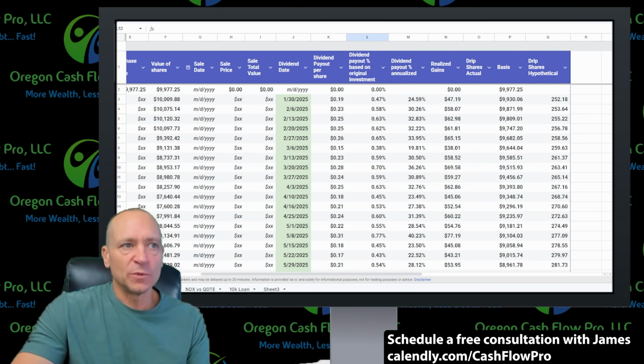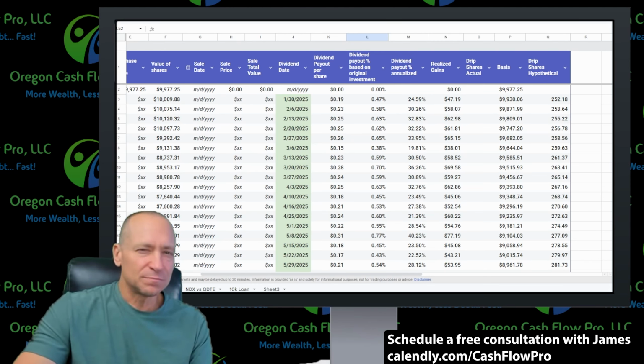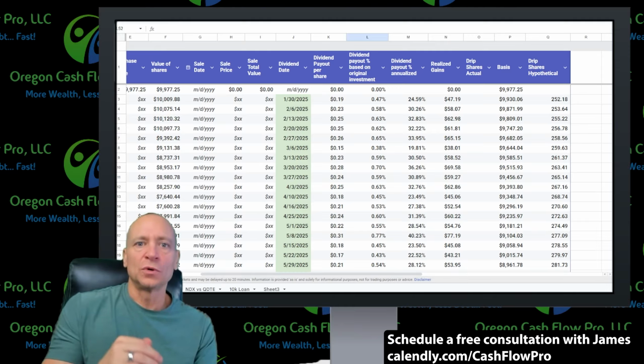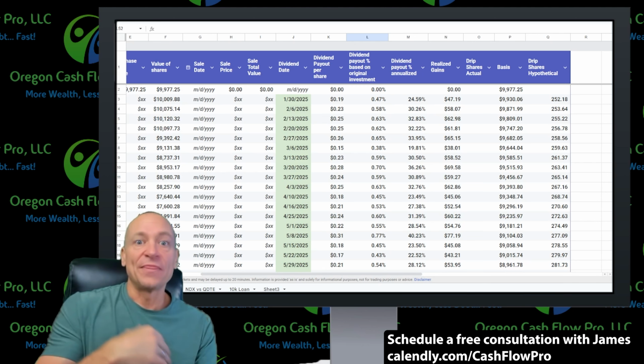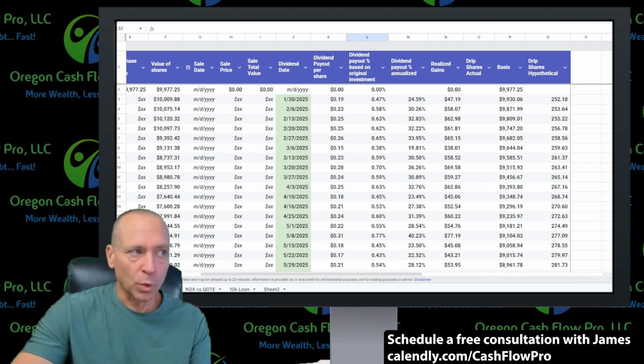So when we hopped into it, we figured the dividend payout was approximately 30% or so, and we should be able to make enough off of the dividends to pay back the loan in around 3 years, at which point we still hold these underlying shares and they'll continue to kick off dividends. So we're buying a cash flowing asset that's going to continue to cash flow after we've paid off our loan.